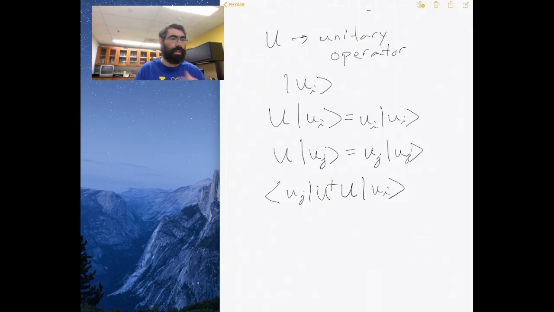If we operate with both of these, on the bra we would get u sub j, a complex number. And if we operate with U, this operator, on the ket, then we would just get u sub i. And then we would get the inner product of u sub j with u sub i back again, like so.